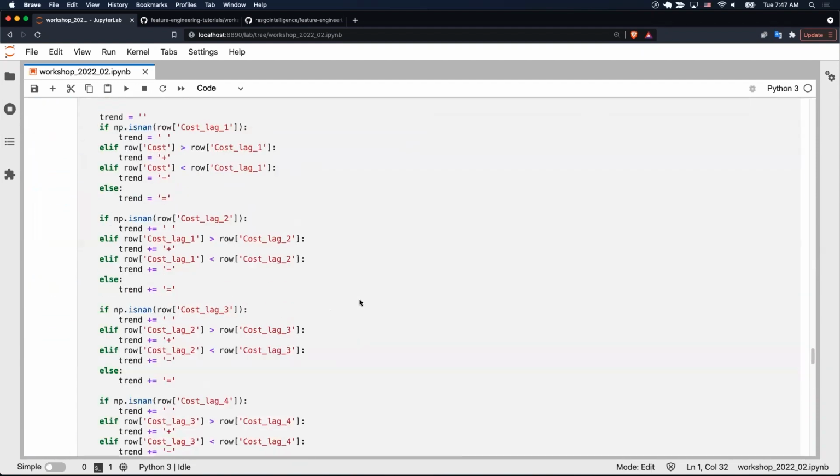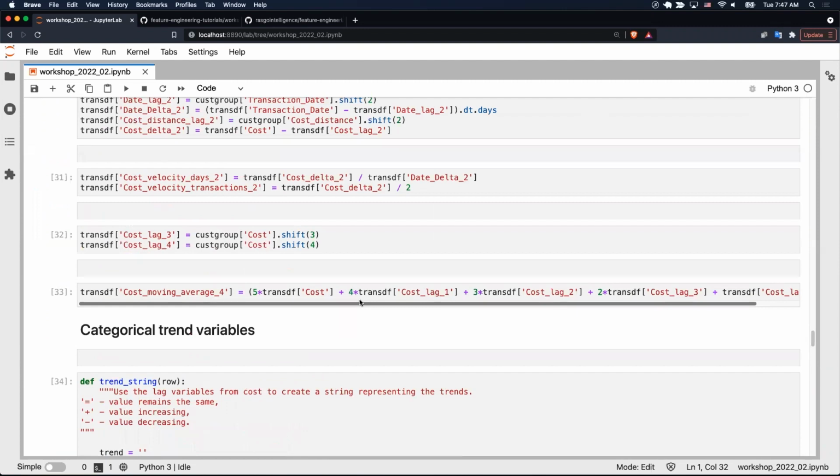So I'm going to go back because there's a question about this multiplication. So I could create a moving average of simply the sum of each of these values divided by 5. But what that says is that each of these has equal weight.